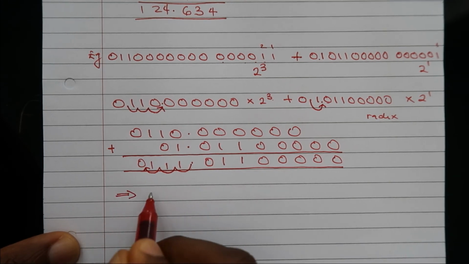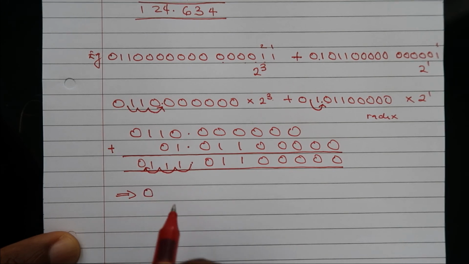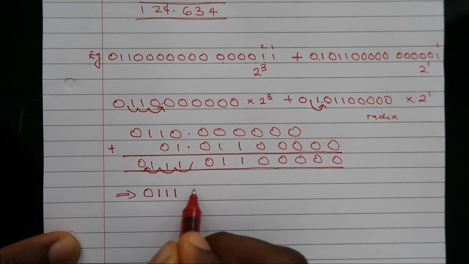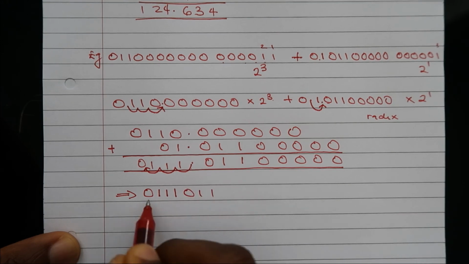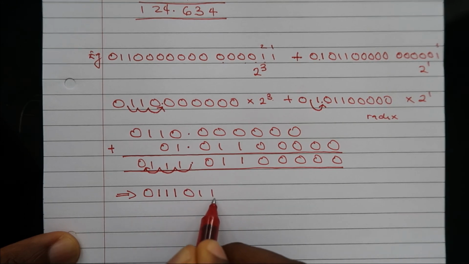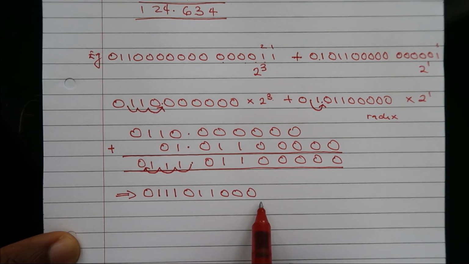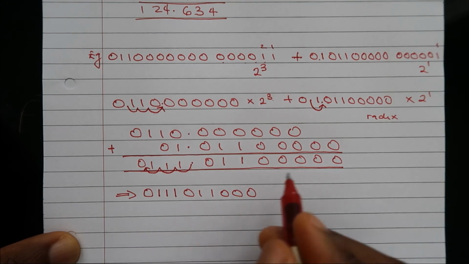Using a 10-bit mantissa, I would have 0 1 1 1 0 1 1 1, and so on up to 10 bits. So this will be my answer as a 10-bit mantissa.